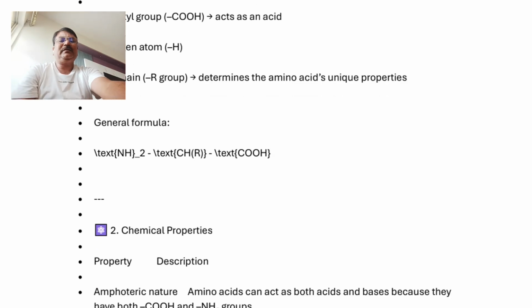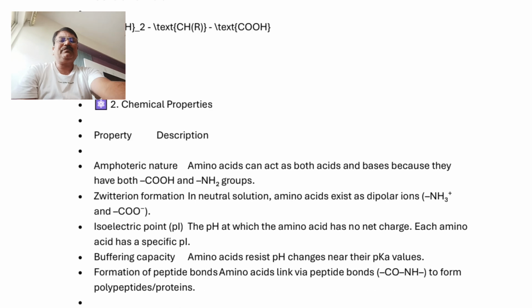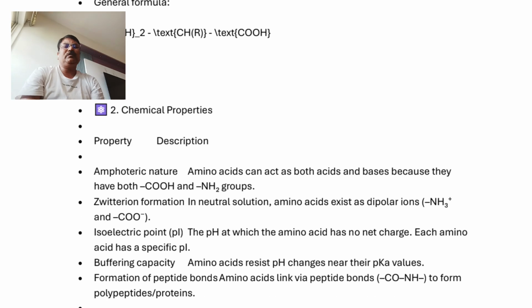Now see the important chemical properties of amino acids. No doubt, the most important chemical property of amino acid is that amino acids are amphoteric in nature. Let's see what the amphoteric nature is.